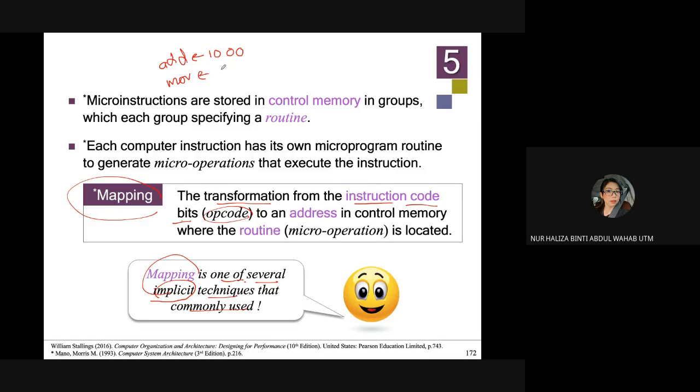Move, let's say the code is 0101. Divide, maybe there is another opcode. So this is the mapping. Mapping transforms the instruction code to an address in control memory where the routine micro operation is located.